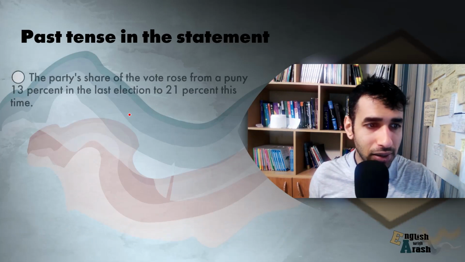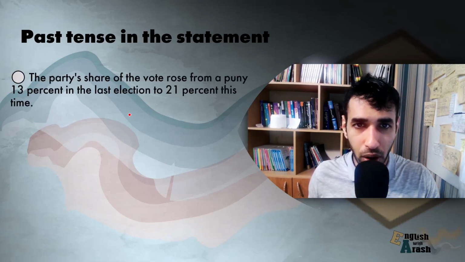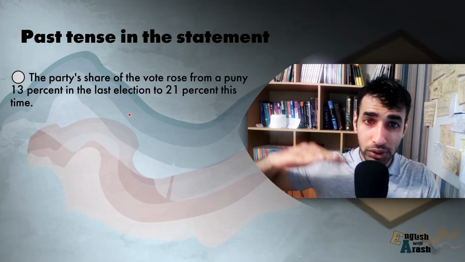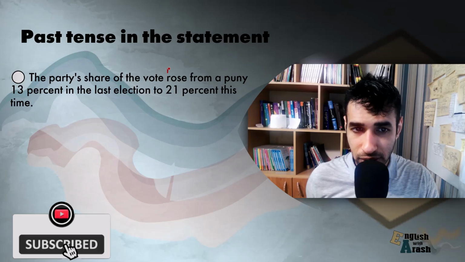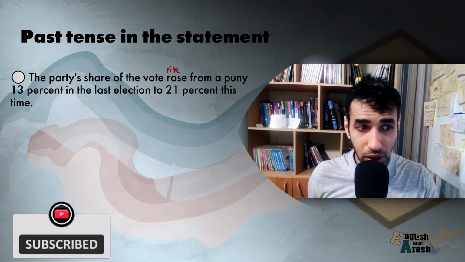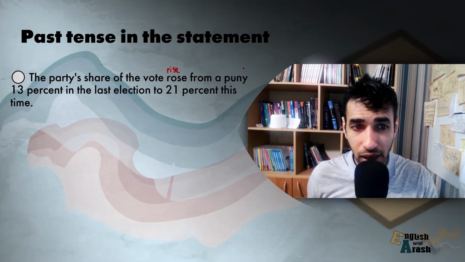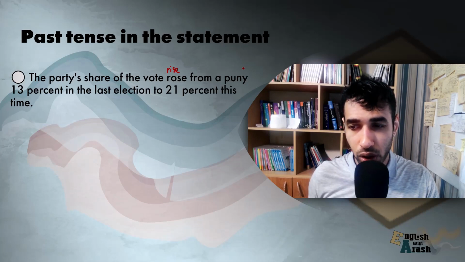Let's make some examples. The party's share of the vote rose, past of rise. Rose is the past form of rise. Rose from a puny 13% in the last election to 21% this time. Puny means poor in quality, poor in amount or size.